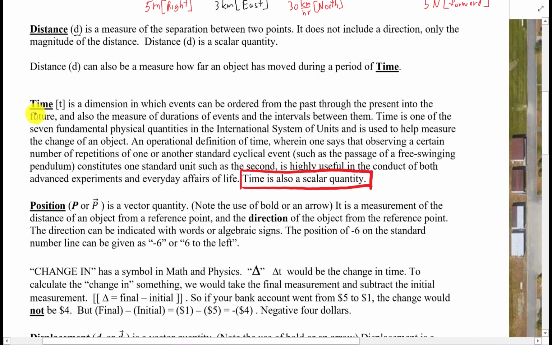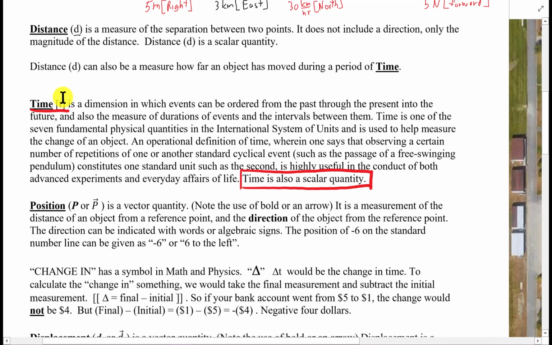Time, also written as a letter T, is a dimension in which events can be ordered from the past through the present into the future. Way above your head, here we go. And also the measure of durations of events and the intervals between them. Time is one of the 7 fundamental physical quantities of the International System of Units and is used to help measure the change of an object.